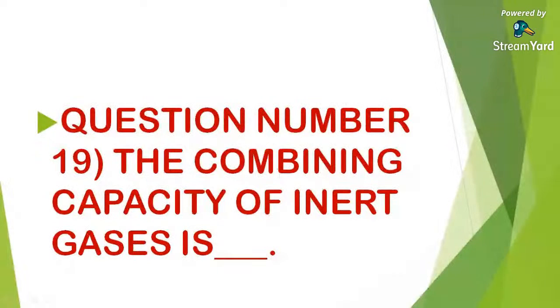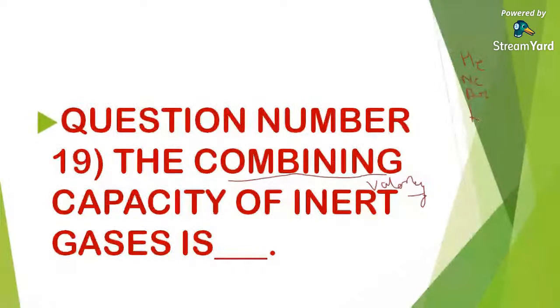The combining capacity means valency. So the combining capacity of an element is called its valency. Here you have to give the answer: what is the valency of inert gases. The question is a little twisted. I could have written simply, what is the valency of inert gases.